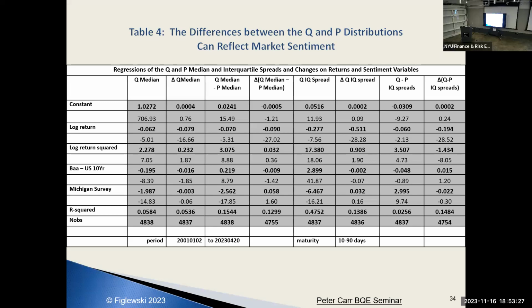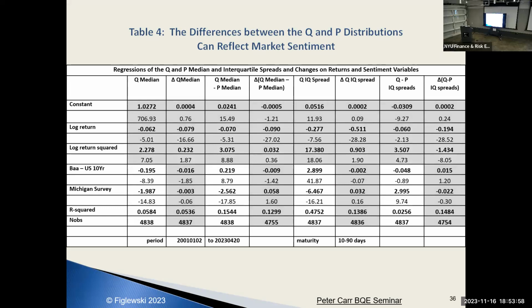Plus adding the default spread on corporate bonds and the Michigan survey. And so let's just look quickly at the returns. The results from the returns, take my word for it, there's hardly any change. Right? Those aren't really affected by the sentiment variables.